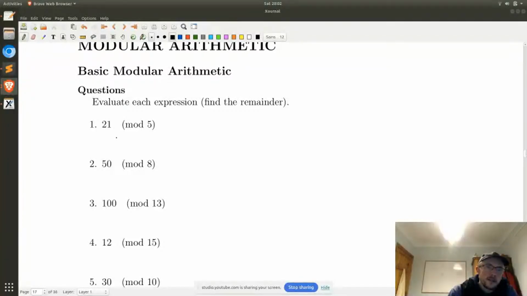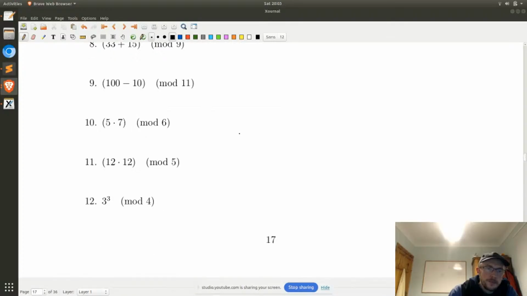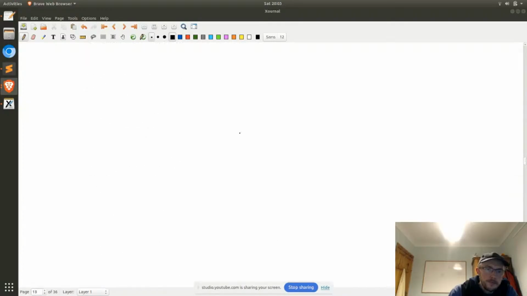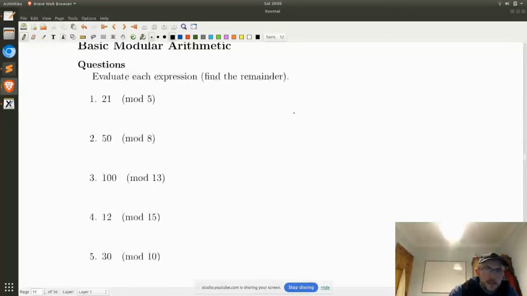So I know that the answer is simply 1, but I'm curious how they would like it to be presented. So I'll just scroll down just a little bit. Okay, so they really do just want the final answer. So for here, the answer is 1 because 5 times 4 is 20, and so we have 1 remaining.